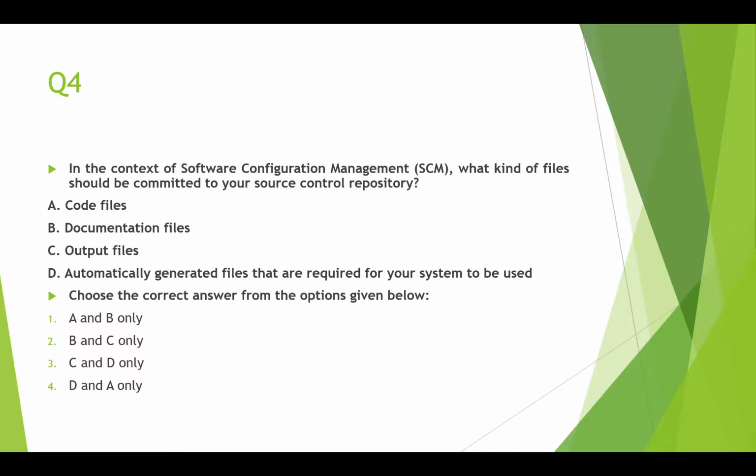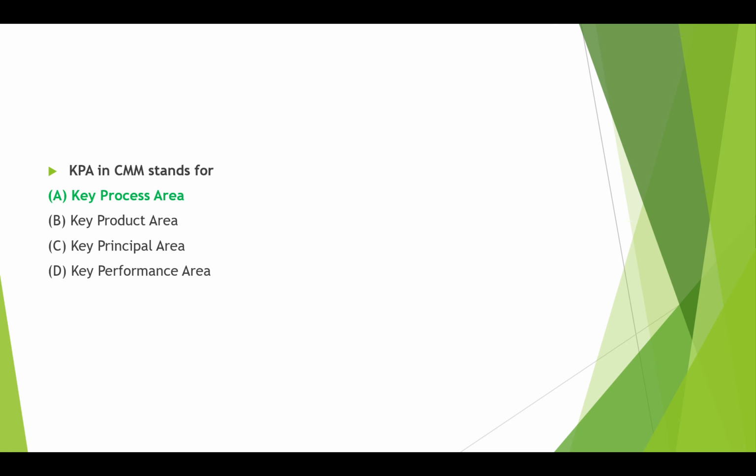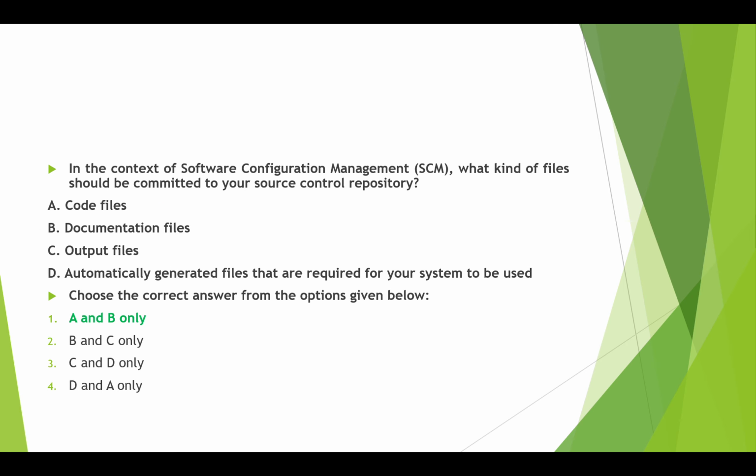Software configuration management is a systematic process for tracking and controlling changes to software through its development lifecycle to ensure quality and consistency. It's about how the configuration of the files is done, because it's how the project is configured. So the code files and the documentation are necessary to store in the system.